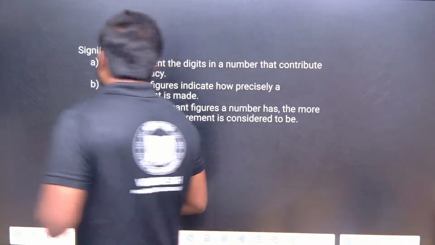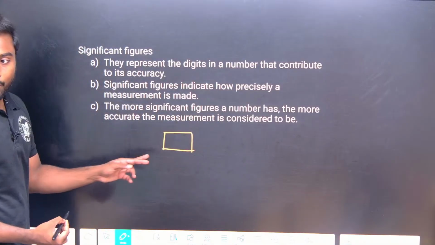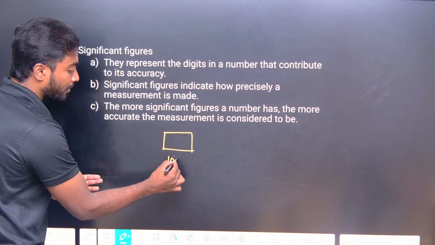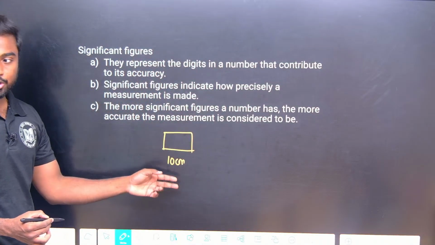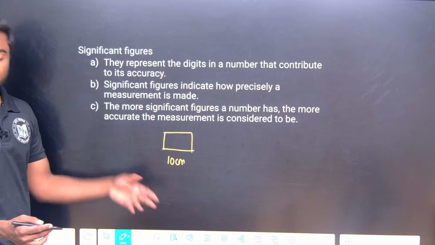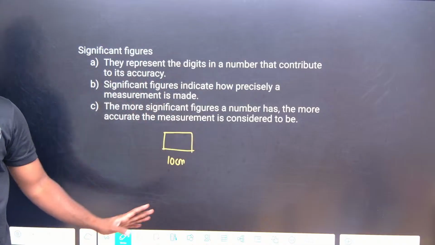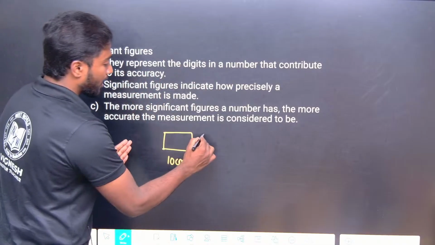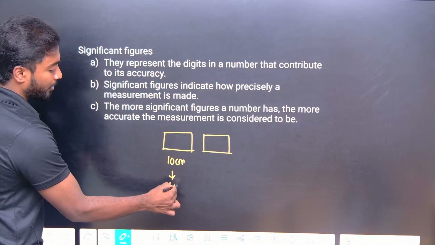Suppose I take an object, and I measure 10 centimeter. Some other scale I used, centimeter scale, then millimeter scale, kilometer scale, meter scale, whatever it is. So 10 centimeter, if I use a scale with least count 1 centimeter.